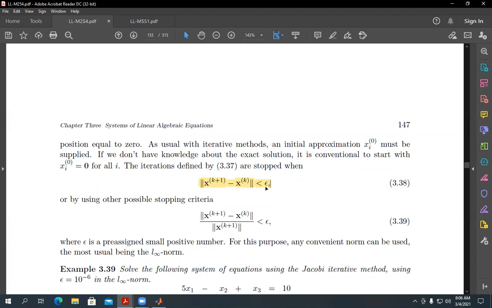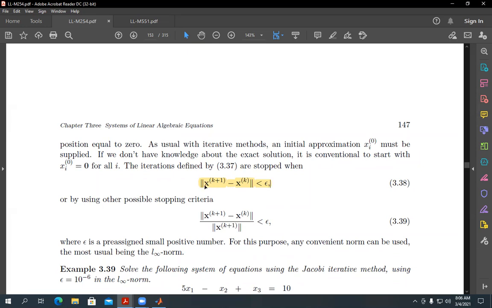Then we say if the difference between these two is less than the accuracy, stop, otherwise continue. This is also another way to use accuracy, but generally we use this formula. If the teacher mentions accuracy, then you have to use this one, unless the teacher says to use the other way.